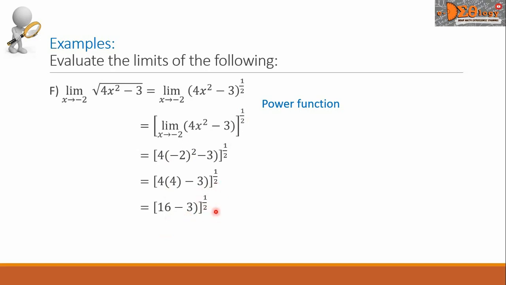And then the power 1/2 is still here. And 16 minus 3 is 13 raised to 1/2. Putting back this 1/2 exponent into radical form, we have the square root of 13. This is our final answer.